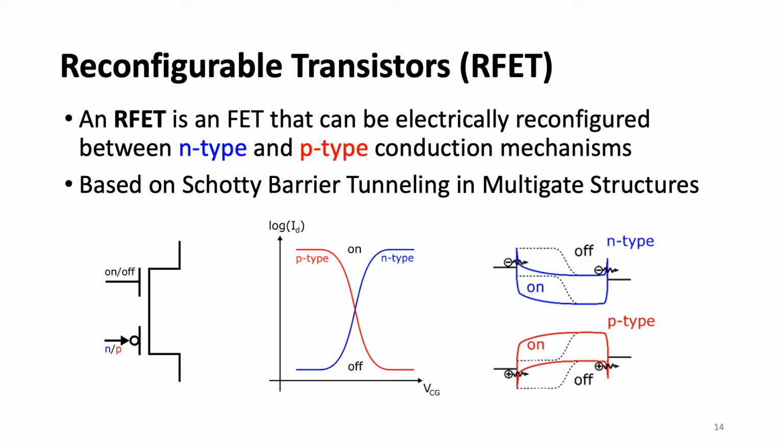Typically, a programmable gate or polarity gate is used to block the undesired carrier type, here at the drain contact in the band diagram. A second electrode, the control gate, is used to steer the transistor as for regular MOSFETs.